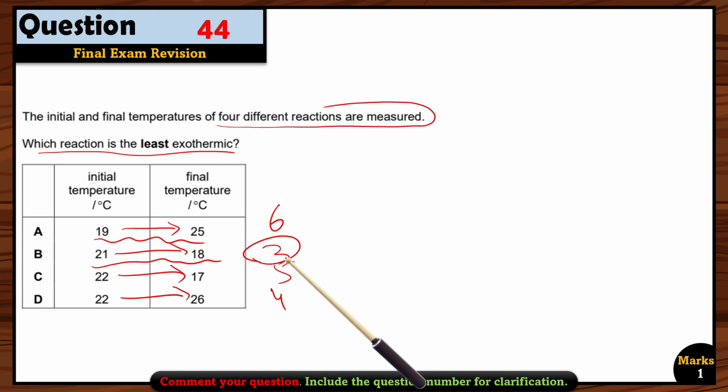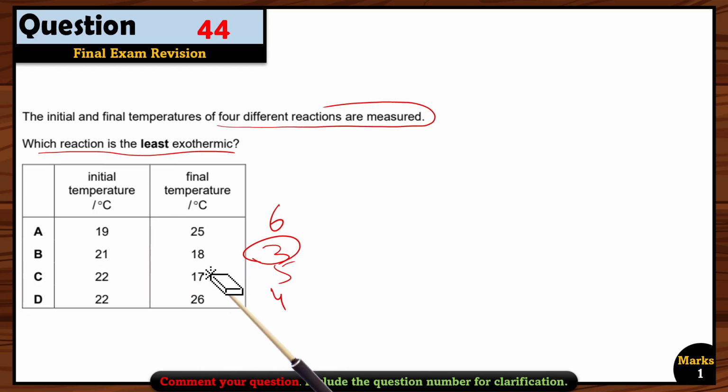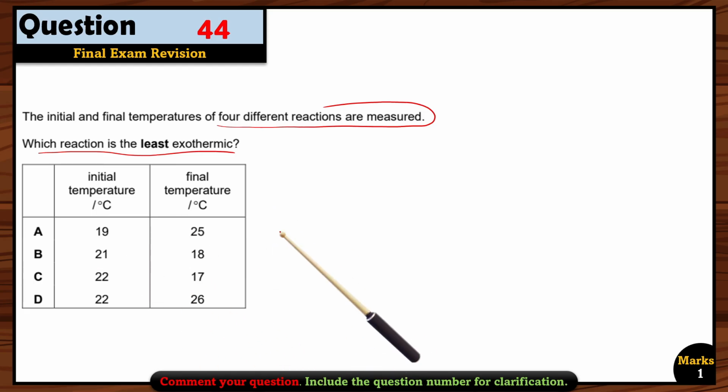Wrong. You don't have to choose randomly by just finding the difference. First of all, because they are asking about exothermic, they are not asking about the difference. So first you have to see which reactions are exothermic. Remember that in an exothermic reaction, the final surrounding temperature should be higher.